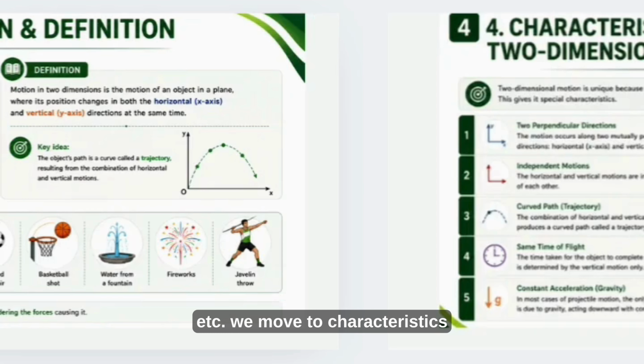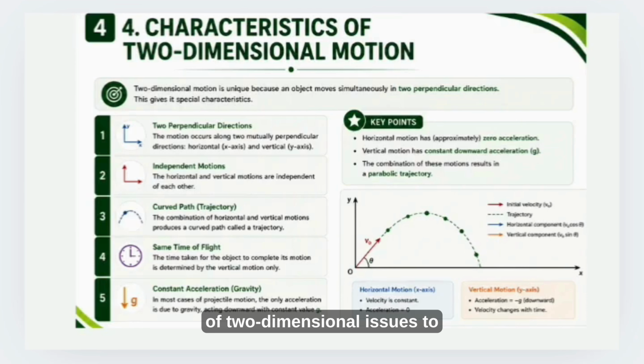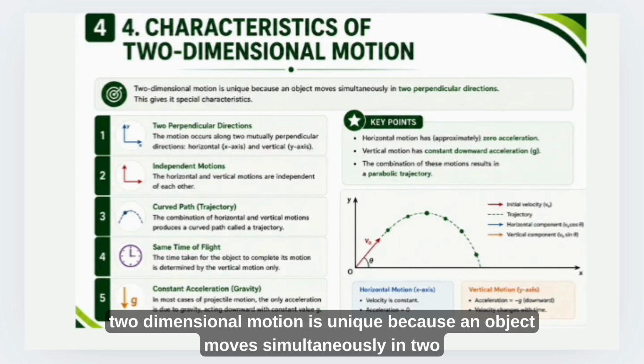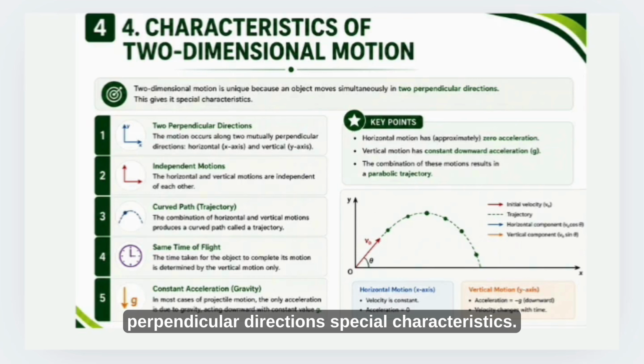We move to characteristics of two-dimensional motion. Two-dimensional motion is unique because of an object moving simultaneously in two perpendicular directions. This gives it special characteristics. 1. Two perpendicular directions.